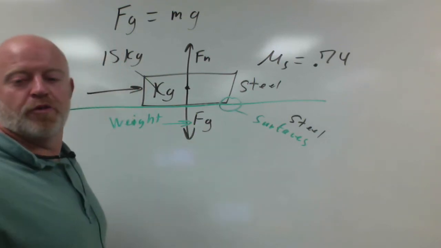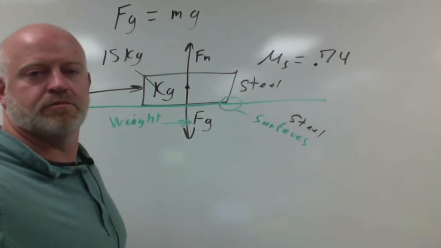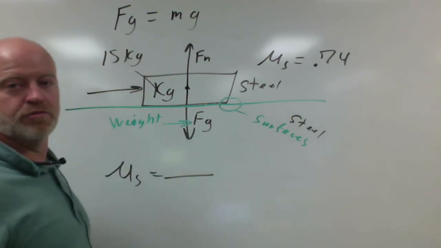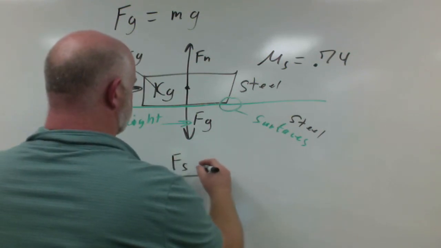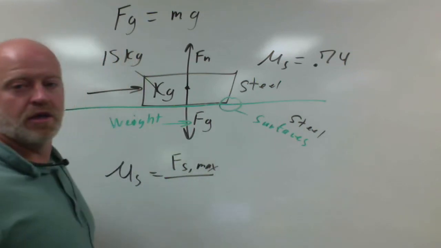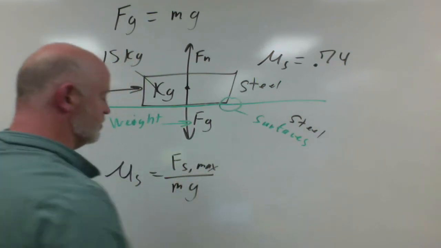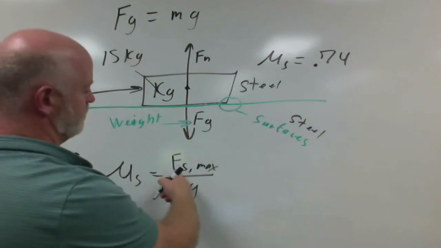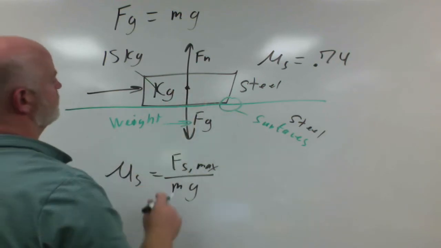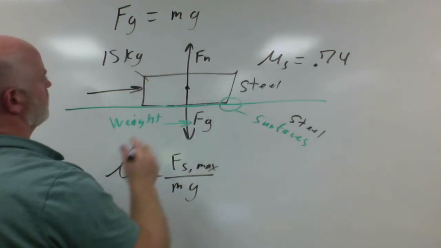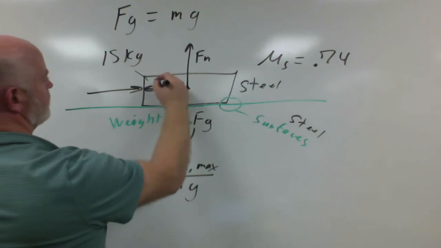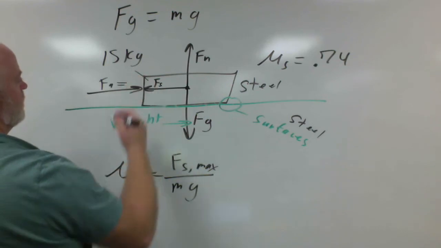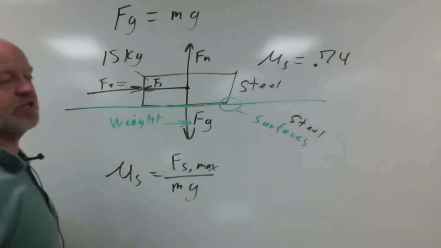If we go back to our equation, we know that the static friction maximum is equal to the coefficient of static friction times the mass times g. We know our mass and we know g, and we're going to solve for the maximum static friction. That tells us how much static friction is pushing in this direction, so my applied force will equal that amount to get it to move.